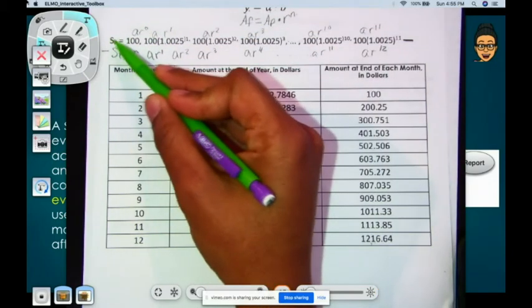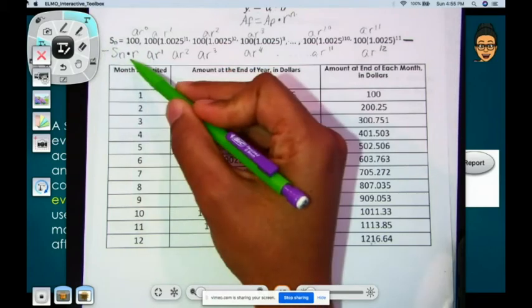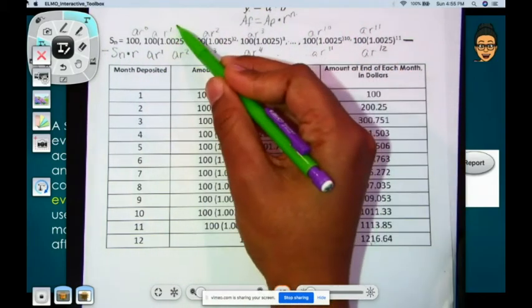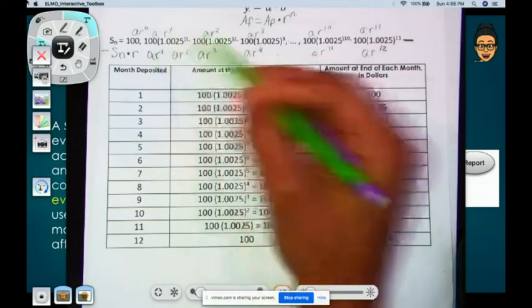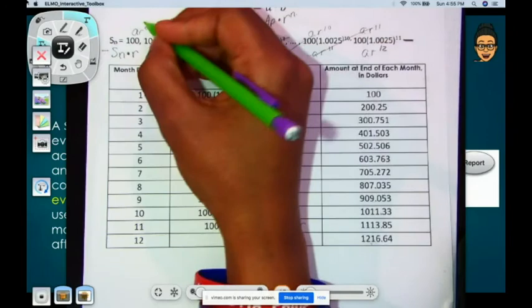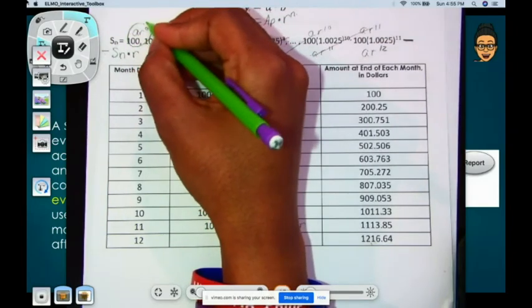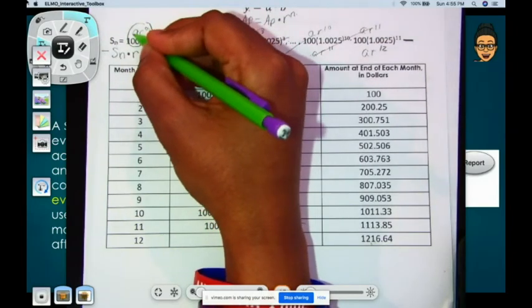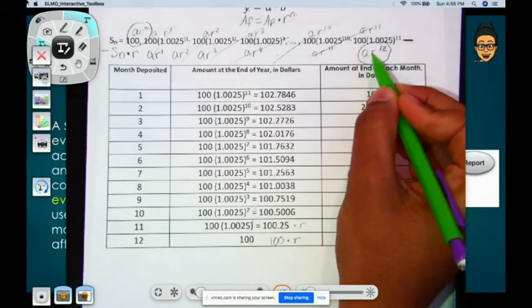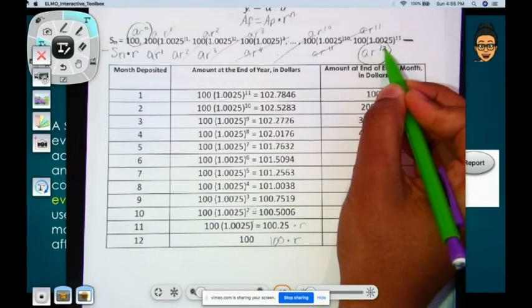Taking my sum of my series and subtracting what I know to be the common ratio for the entire series, I know that my like terms would cancel, leaving me with A times R to the 0, or just A, and then my last deposit, A times R to the n, being 12.